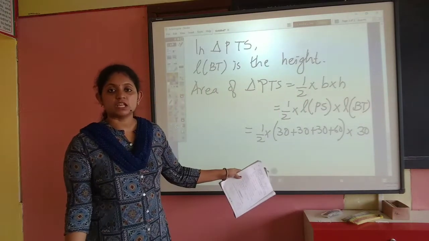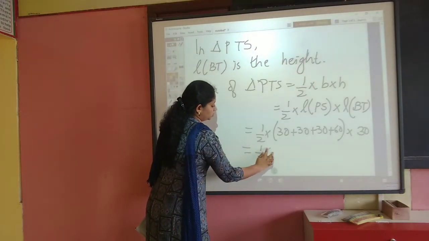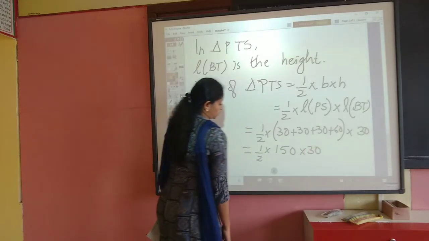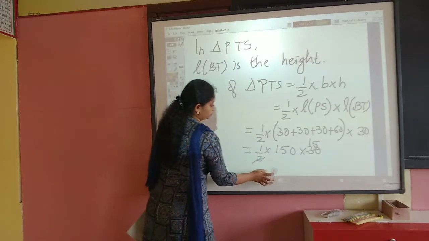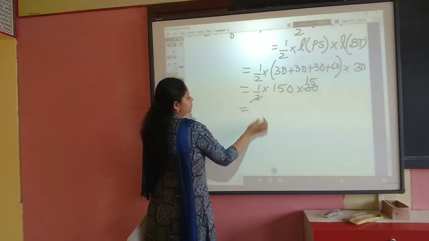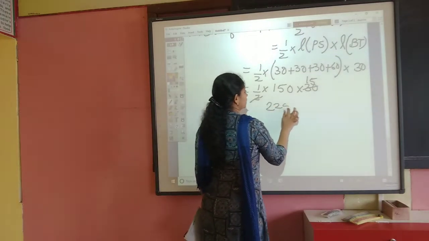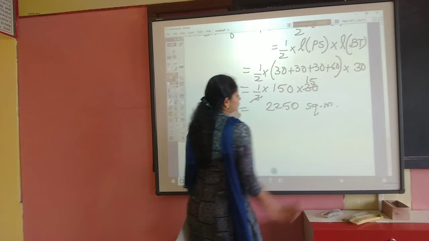When you add this, how much you are going to get? Half into 150 into 30. Okay. 2 and 30 we can cancel, we know 2 15s are 30. And 15 square you all know it is 225 and 0. So it is square meter.